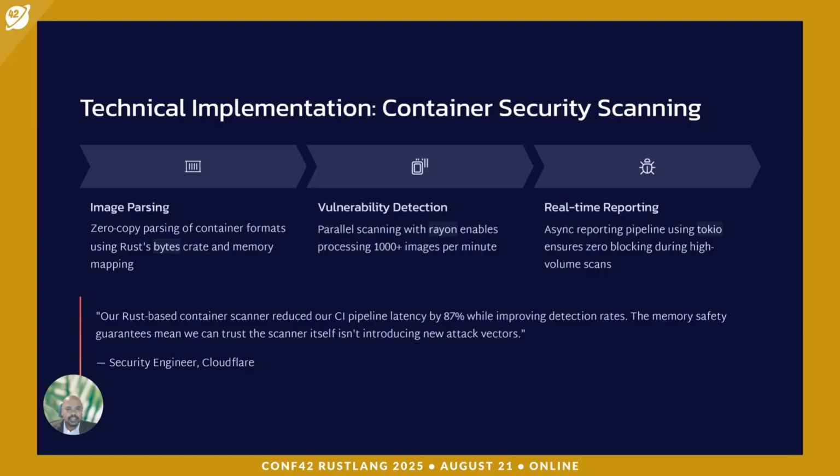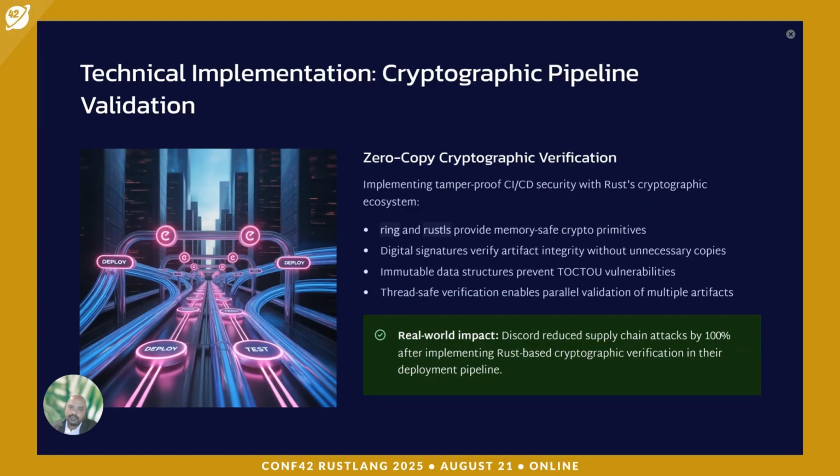Now we have scanned the container vulnerabilities, but how do we ensure no one has tampered with it between build and deploy? That's where cryptographic validation steps in. Cryptographic pipeline validation: supply chain attacks are on the rise, so verifying your build artifacts is critical.